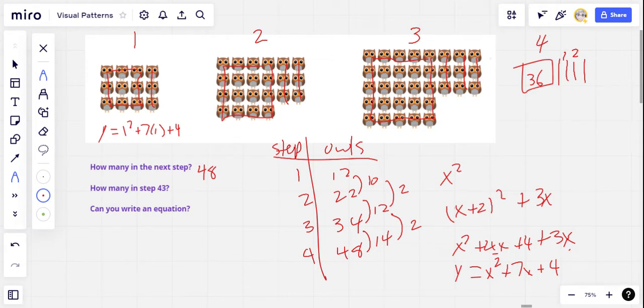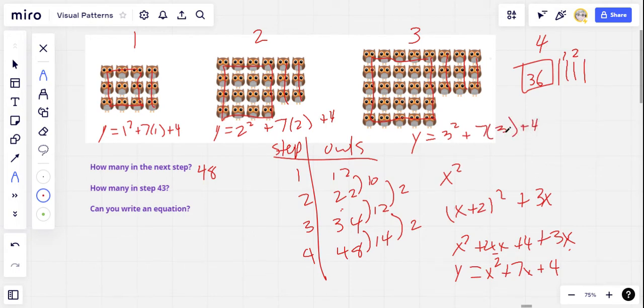Let's try step 2. So this would be 2 squared plus 7 times 2 plus 4. So that would be 4 plus 14, 18, plus 4 would be 22. Ooh, that's coming out. Let's try one more just to be sure. So y equals 3 squared plus 7 times 3 plus 4.